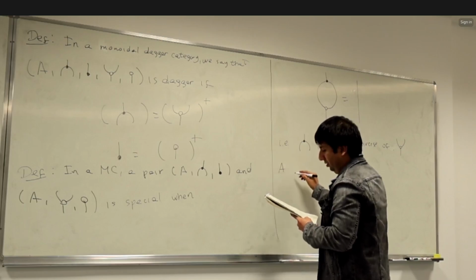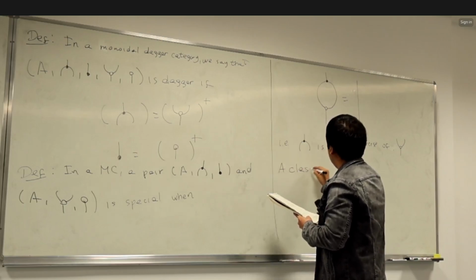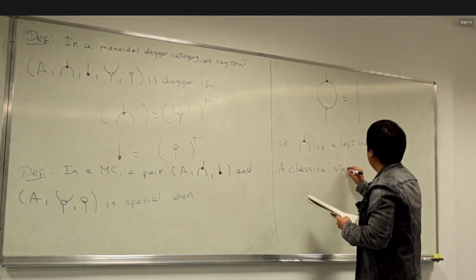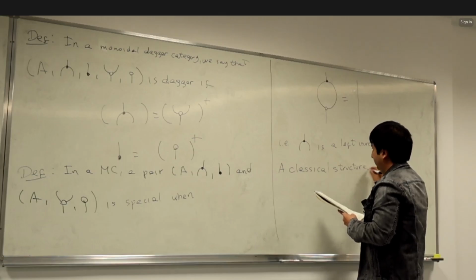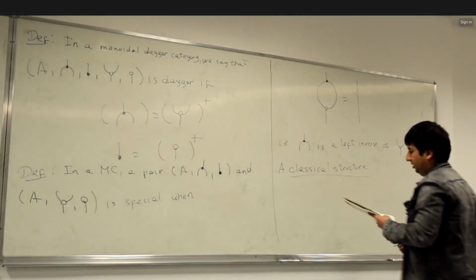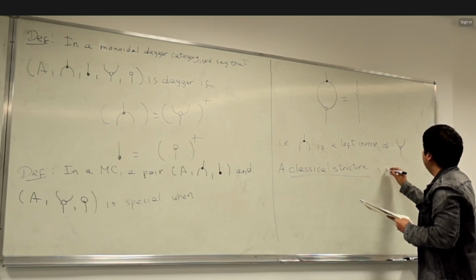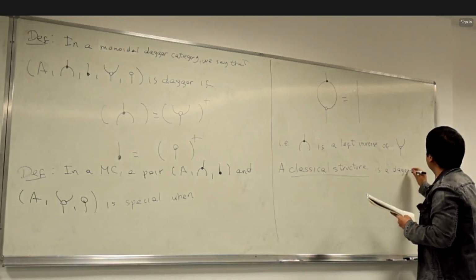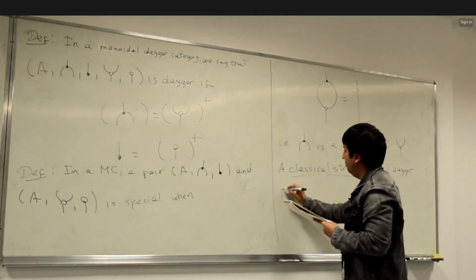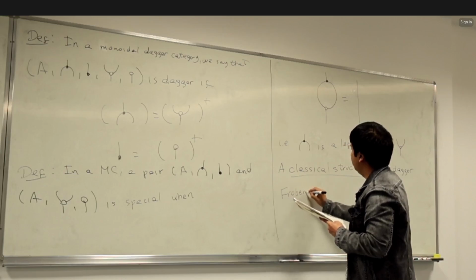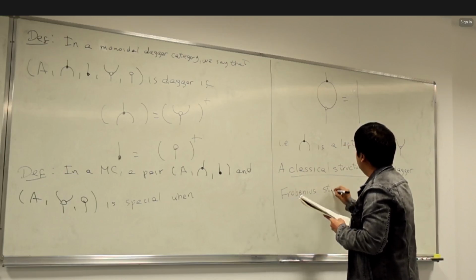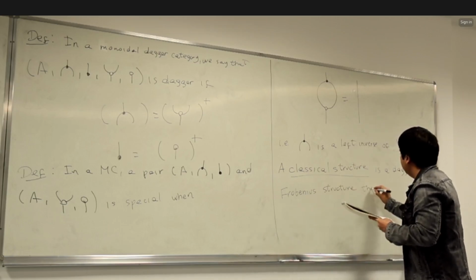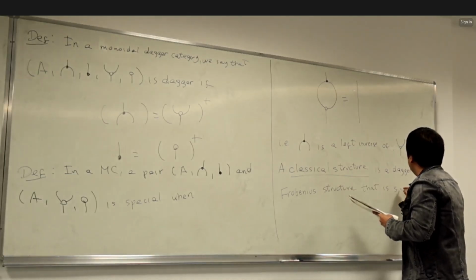Okay, yes. So with this terminology, we can define a classical structure. A classical structure is a dagger Frobenius structure that is special.